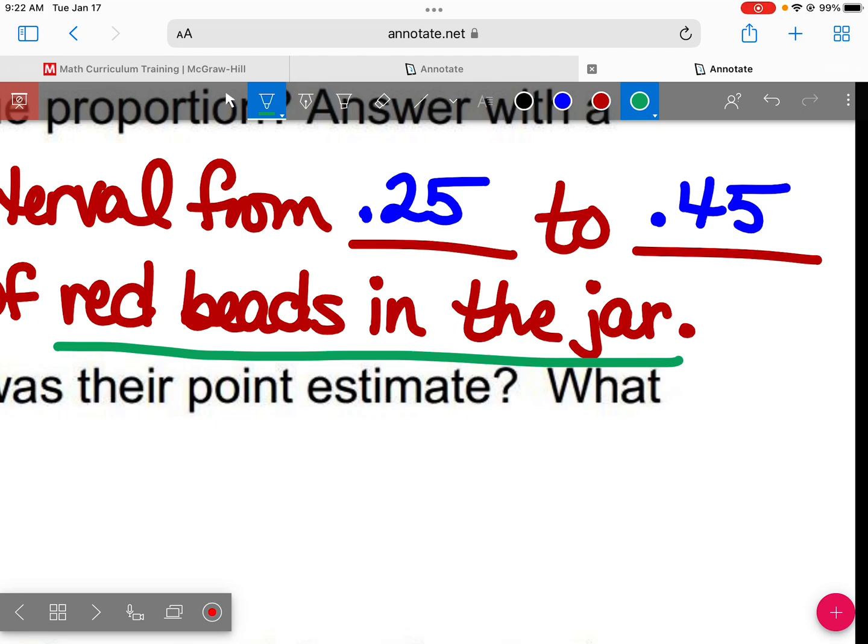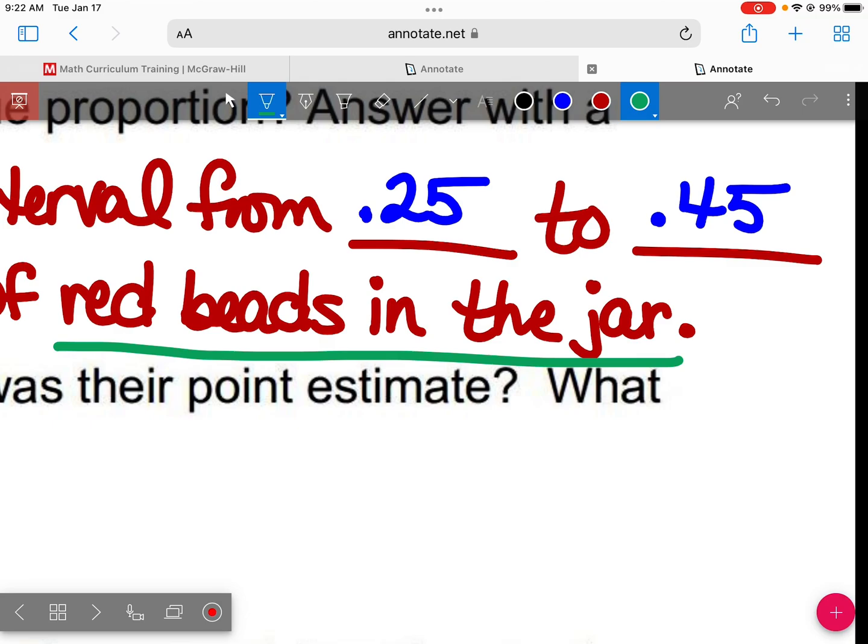All right. Time to find our winner. I'm going to come over here and cross out anybody that does not actually contain the true proportion. This one does not. This one does not.